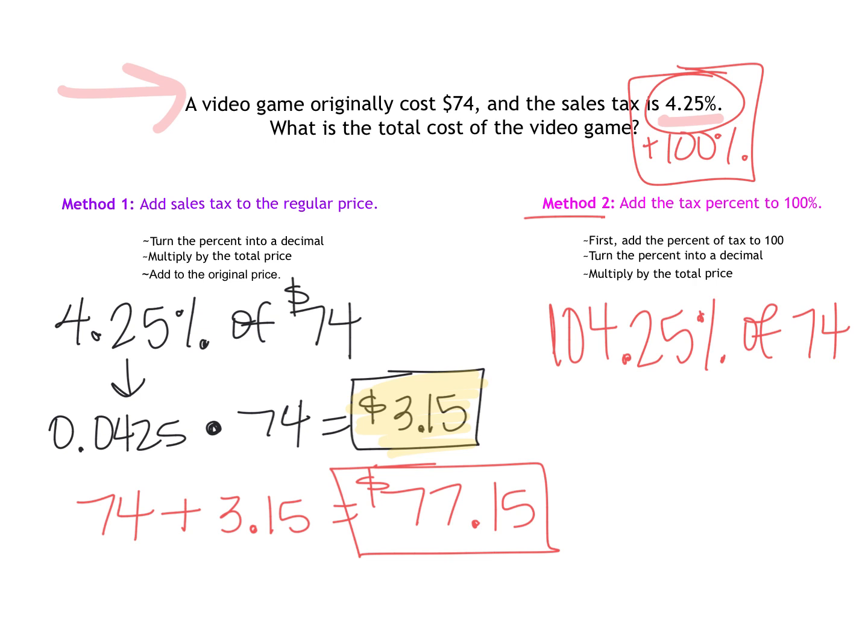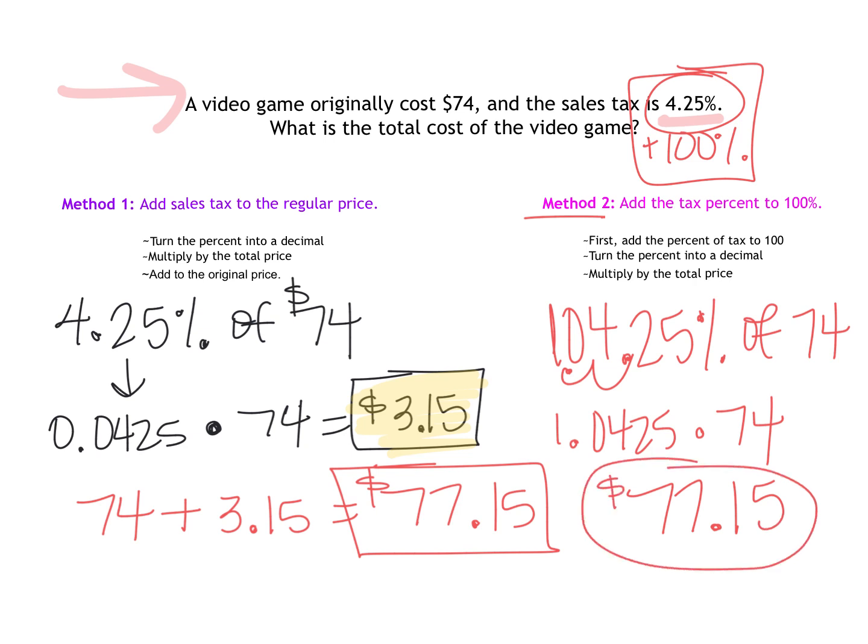And then remember, we move the decimal 2 to the left, so it would be 1.0425 times 74. 1.0425 times 74 would give me 77.145. So I round it because it's money to $77.15, put my dollar sign, and there's my answer.